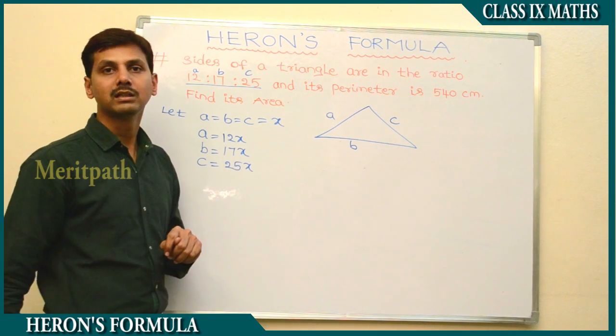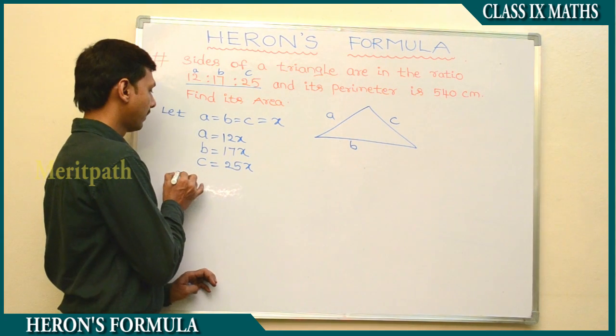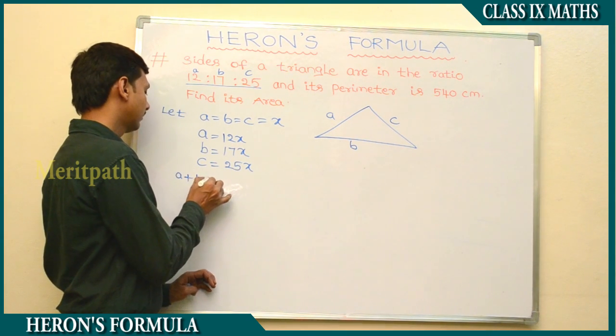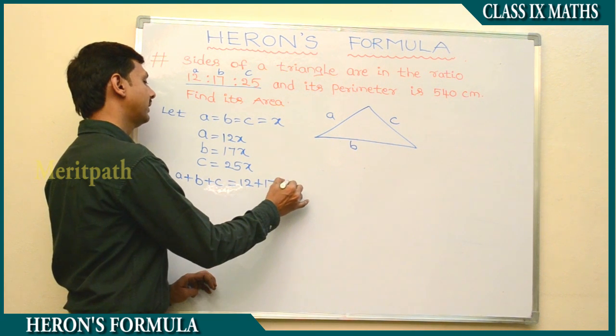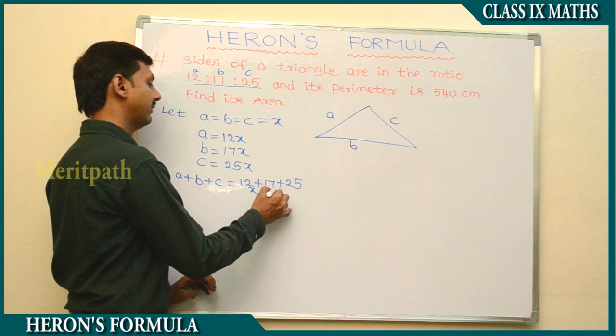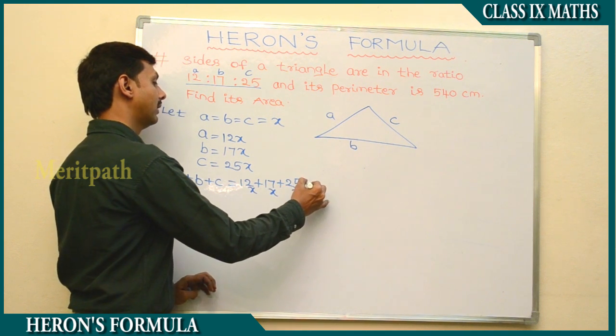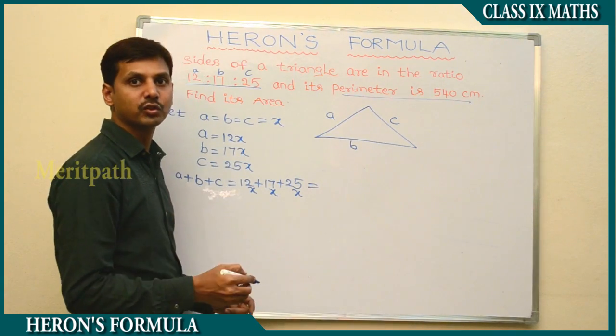As we know, the perimeter of this triangle is 540 centimeters. So A plus B plus C equals 12x plus 17x plus 25x, which equals 540 centimeters.